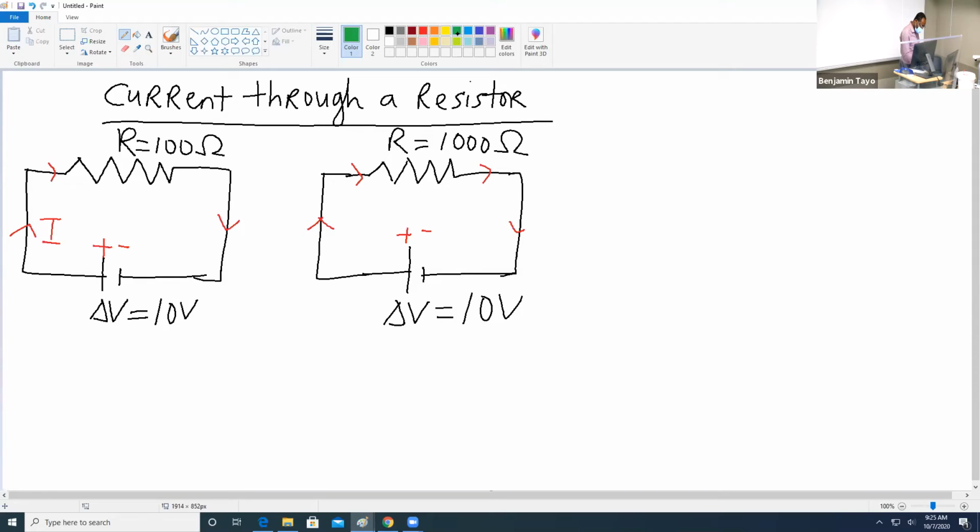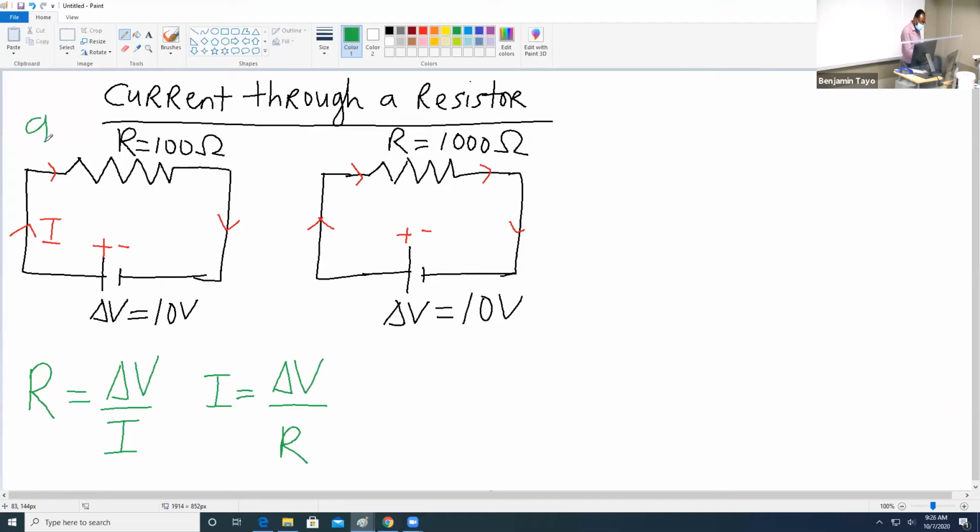Again, we have this equation that tells me the resistance is equal to delta V divided by I.